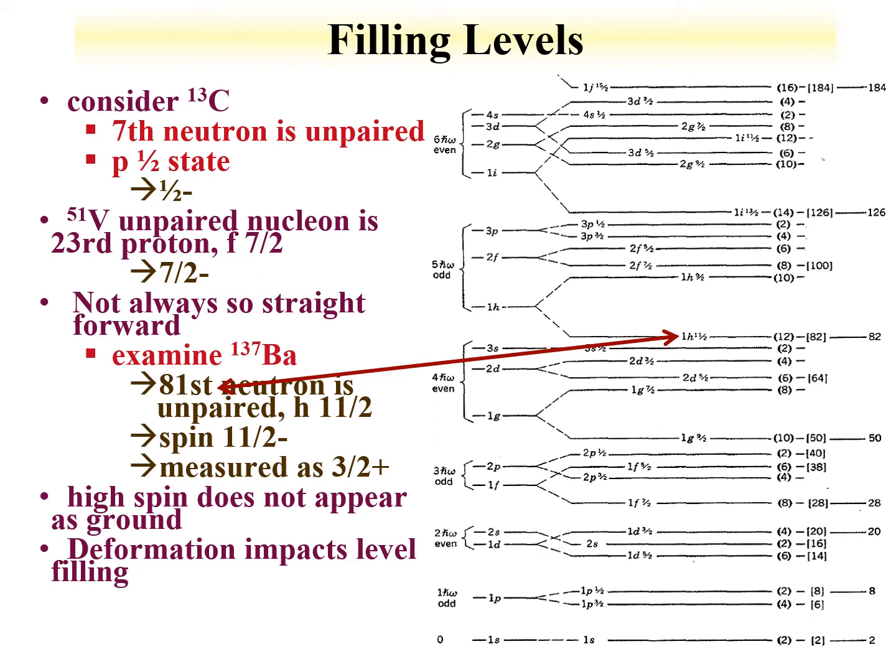Generally speaking, high spin states generally do not appear as ground states, so it's relatively rare to see something like an 11/2 minus as the ground state. And also the shell model is based upon a spherical nucleus. If the nucleus is not spherical, then the shell model will not actually predict the state. We'll discuss this in some later slides when we discuss the Nilsson diagrams.